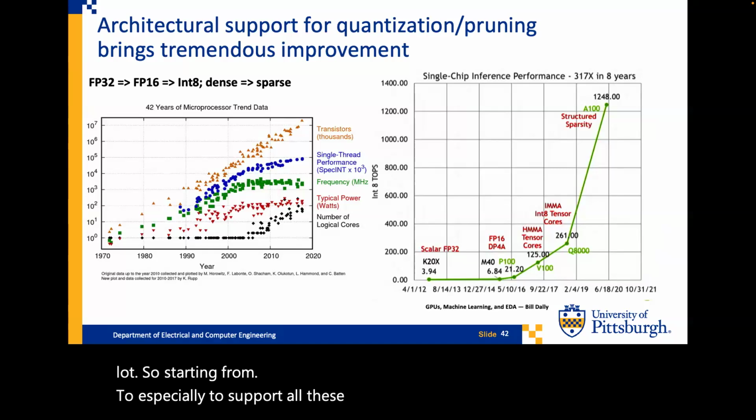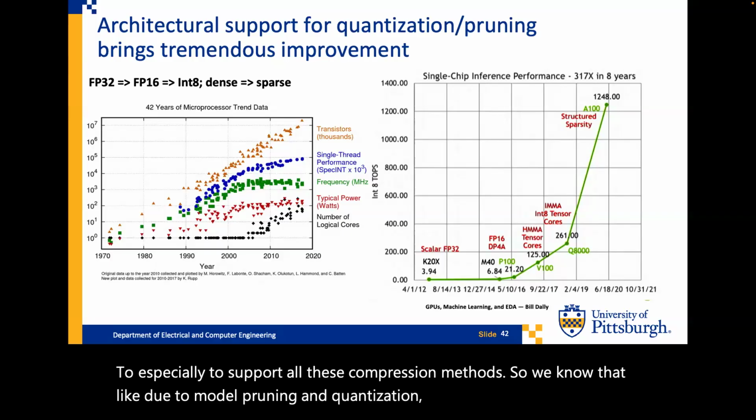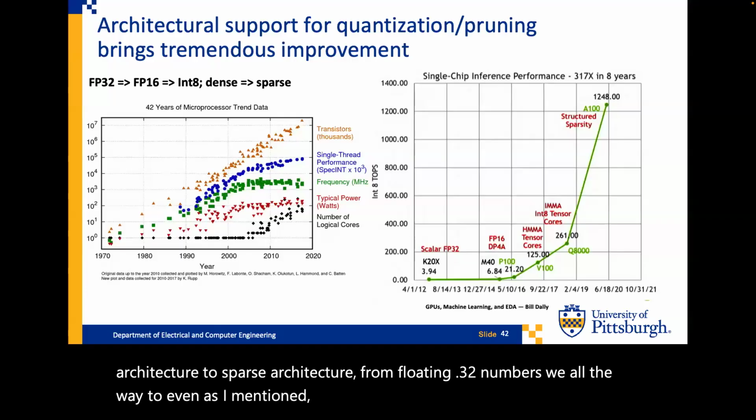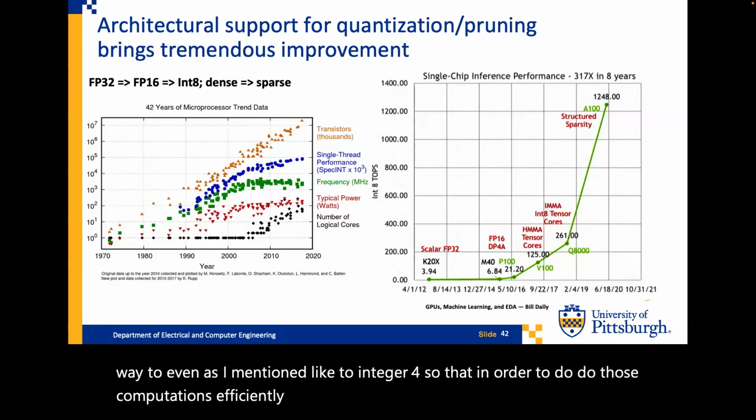Due to model pruning and quantization, we have gone from dense architecture to sparse architecture, and from floating point 32 numbers all the way to integer 8 and even, as I mentioned, integer 4. In order to do those computations efficiently, you need hardware support.